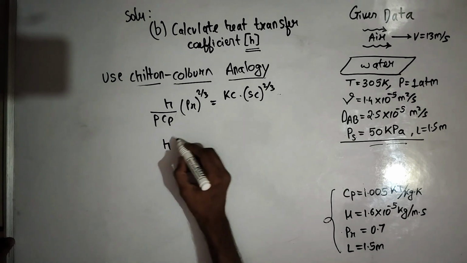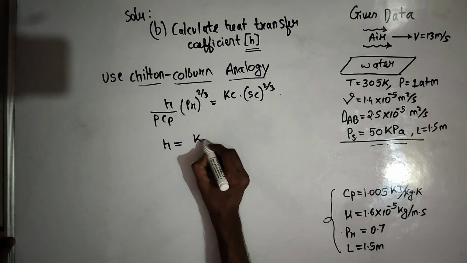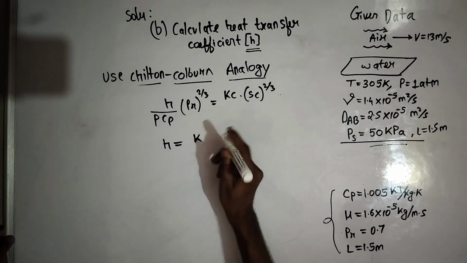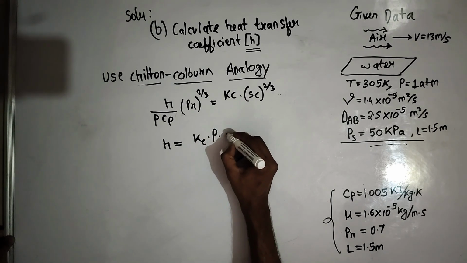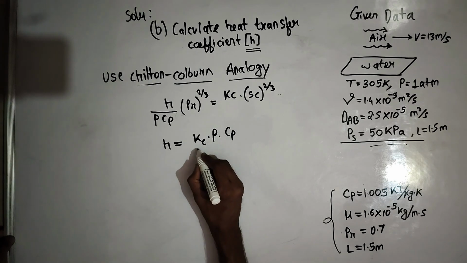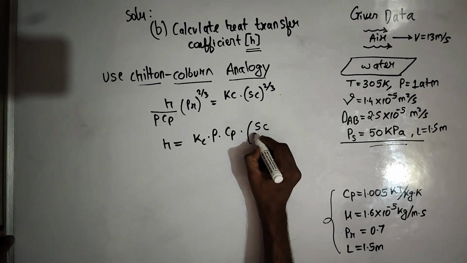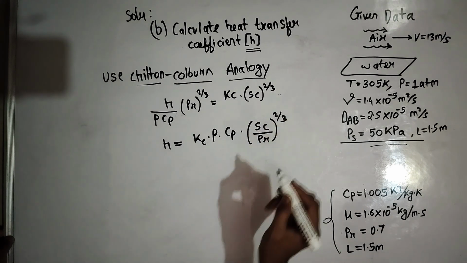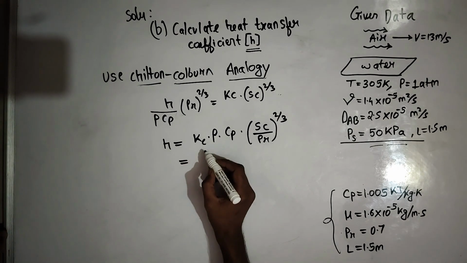So h equals Kc into density into Cp into Schmidt number by Prandtl number to the power 2 by 3. So we have to substitute the values.